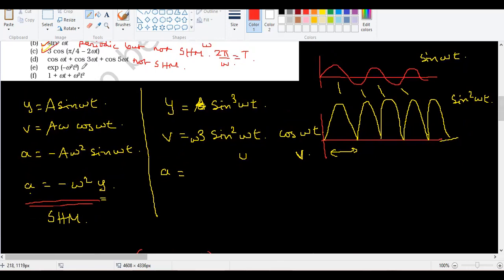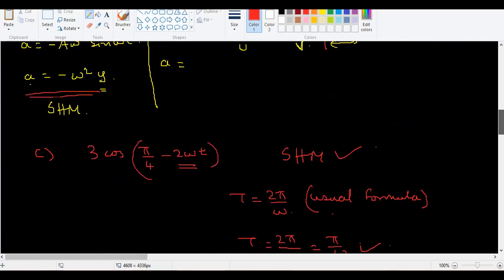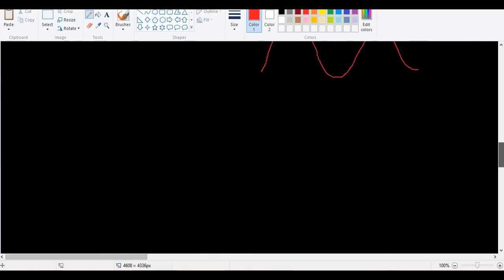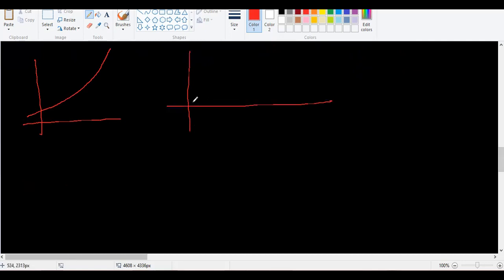Exponential. Whenever it is exponential, it is not periodic. So this is again basics from mathematics. The exponential curve will look something like this, whereas if you see the sine or cos curves, it looks something like this.